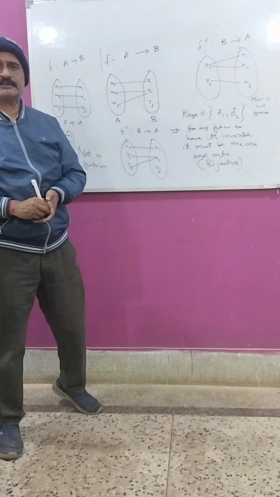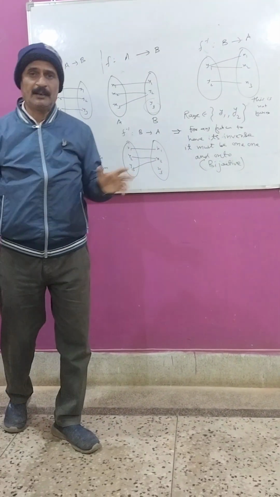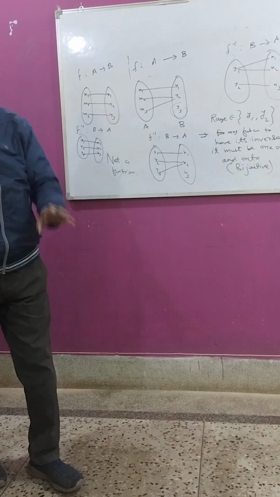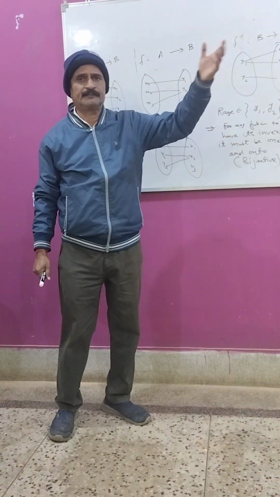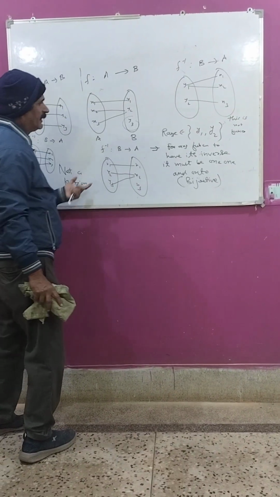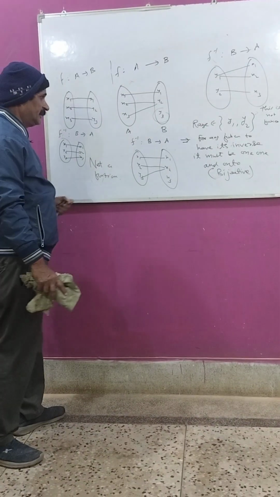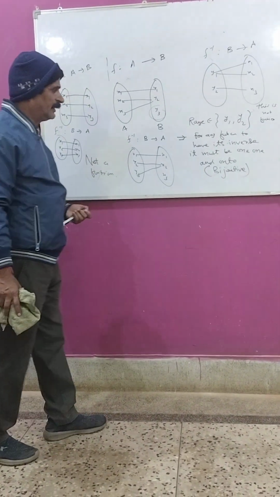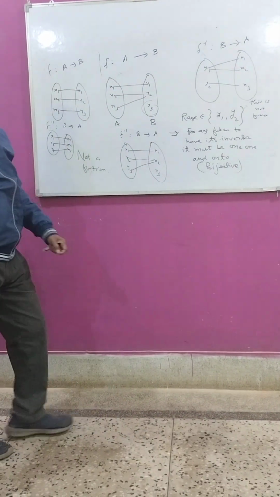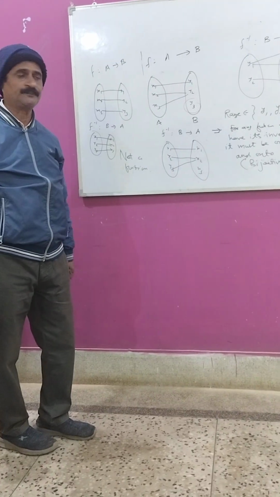So for every function, it is not possible to find its inverse. Only for the functions which are bijective can we find the inverse. Now see here, we have taken an example, f(x) equals x plus 3. There also it is valid. x plus 3 is a 1-1 and onto function. So we can say that it is a bijective function, its inverse is possible, and we are drawing the inverse.